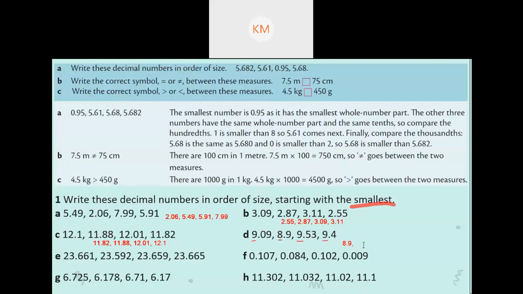Okay, 9.09. After that, 9.3, then 9.4. Okay, thank you. So you have no difficulties, right? Later do not say, teacher, I don't know anything at the chapter test. At least now you know how to order the decimals.